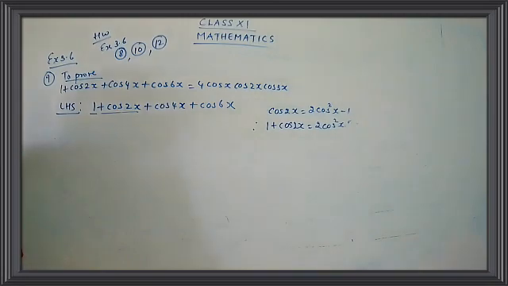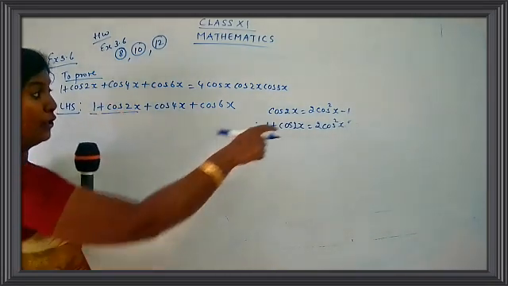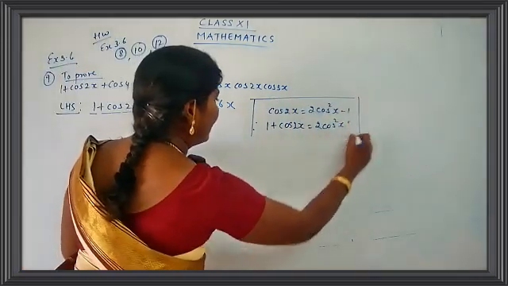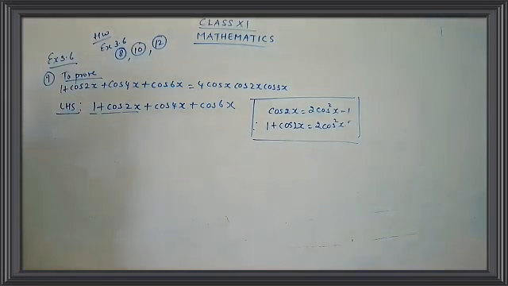So now what are we going to do? We are just going to replace 1 plus cos 2x with 2 cos square x. I just got this from the double angle identity. So you people are going to take down the step. Come on, write down the formula, children. Write down cos 2x is equal to 2 cos square x minus 1. I just want it in the form of 1 plus cos 2x.